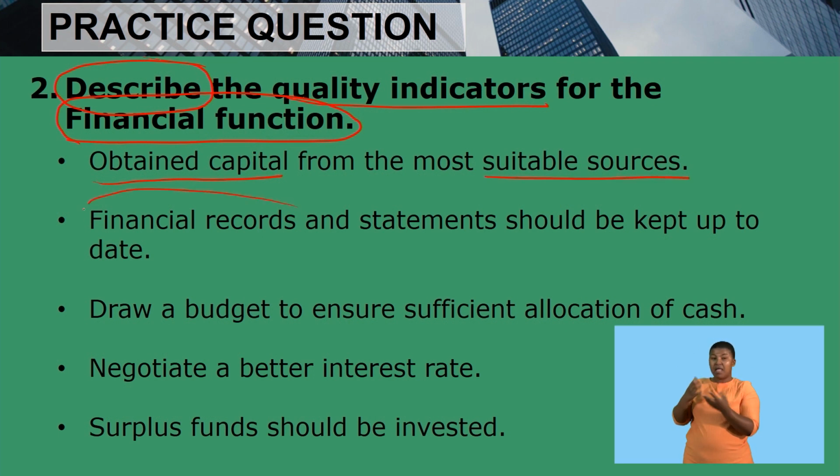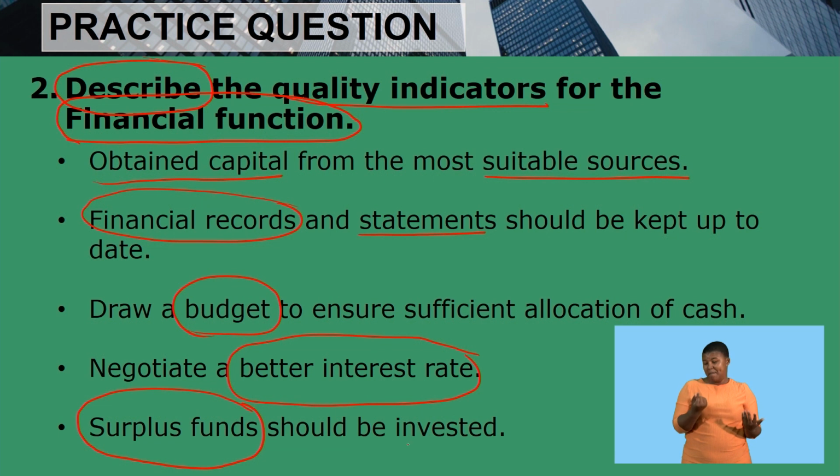They have financial records and statements. So they compile the financial statements and they keep them up to date. They draw up a budget to make sure we have enough money. They negotiate for a better interest rate. And if there is excess money or surplus funds, they will then invest this money for the business. So that is a description or a discussion then of the quality indicators of our financial function.